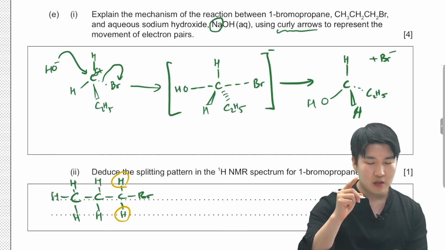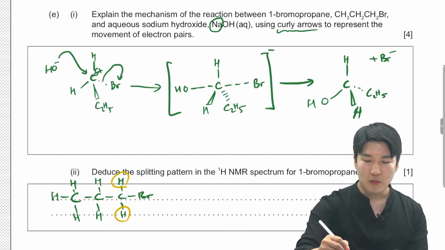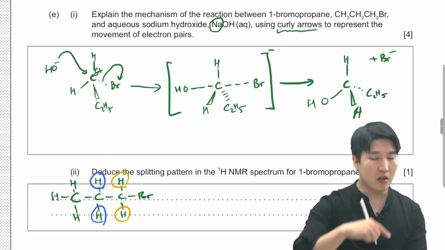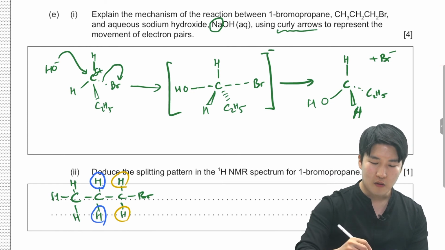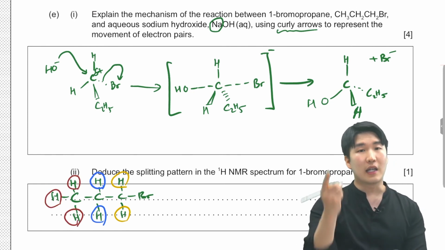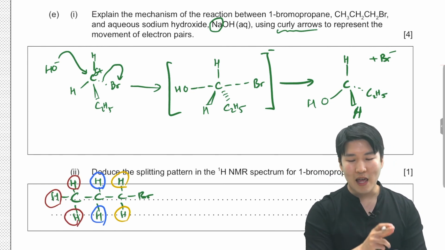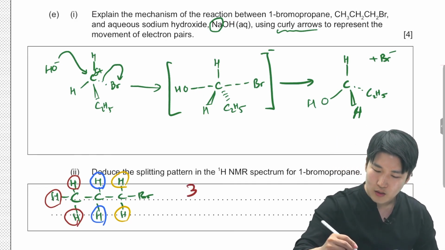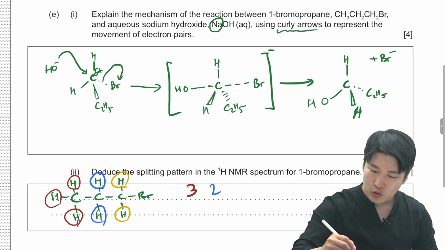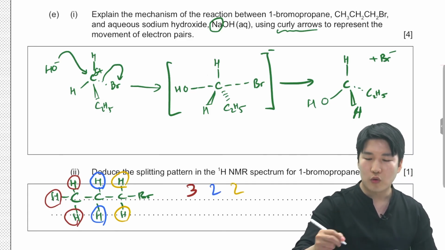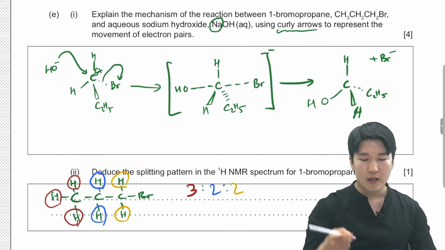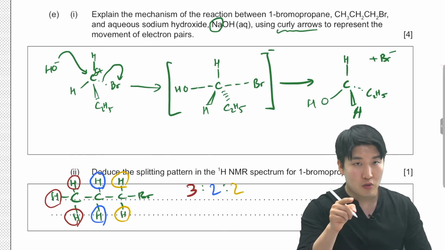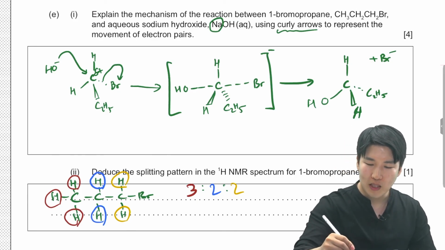We have 2 hydrogens in the first hydrogen environment, the next set of 2 hydrogens in another hydrogen environment, and the final set of 3 hydrogens in the final hydrogen environment. There would be 3 peaks in a 3 to 2 to 2 ratio, where the 3 hydrogens of CH3 are bonded to a CH2, therefore will be in triplet.